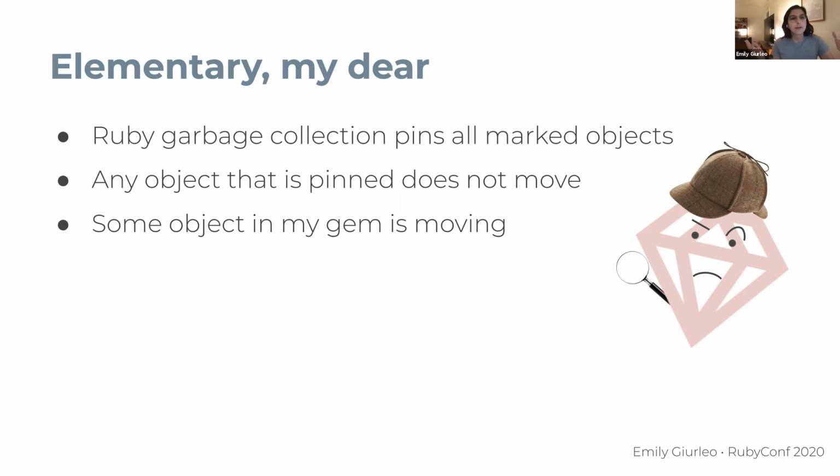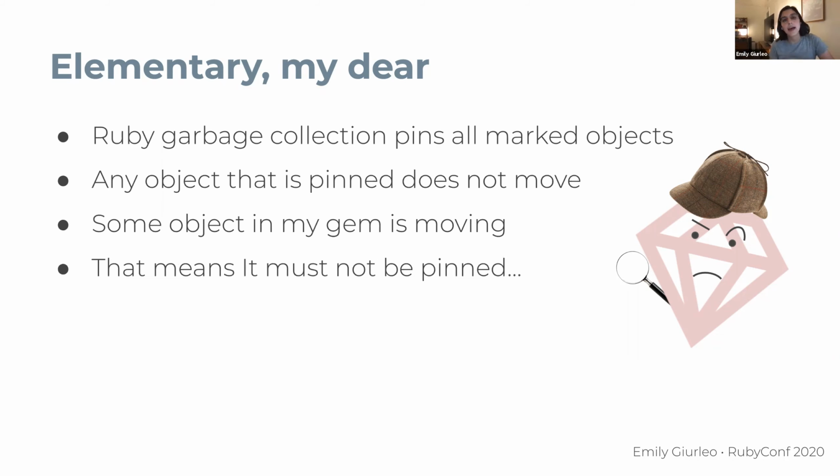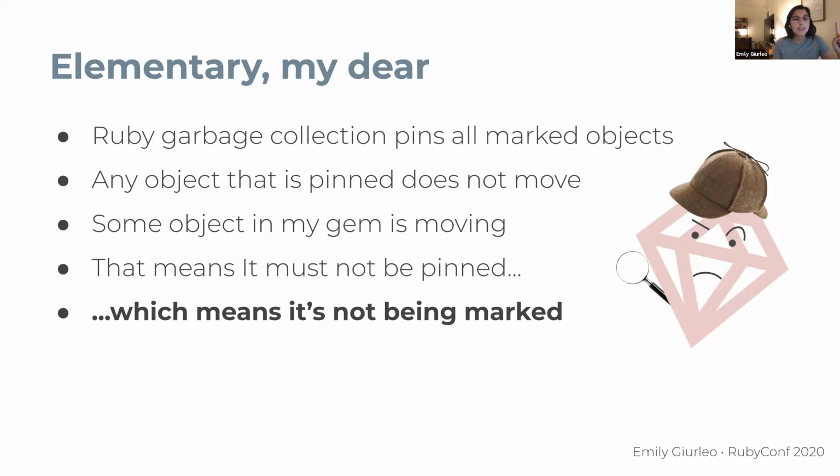Some object in my gem was moving and causing segfaults. That means that the object must not have been pinned, which means that it was not being marked. And so I had to figure out where we were doing something wrong in marking an object.